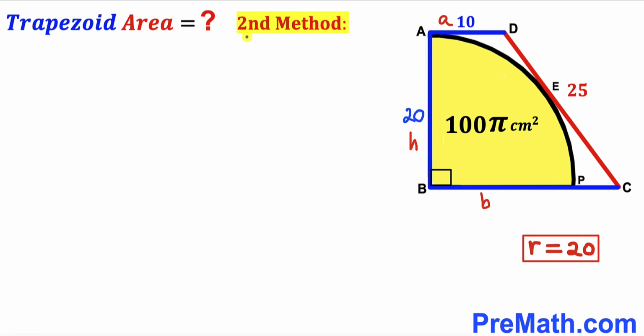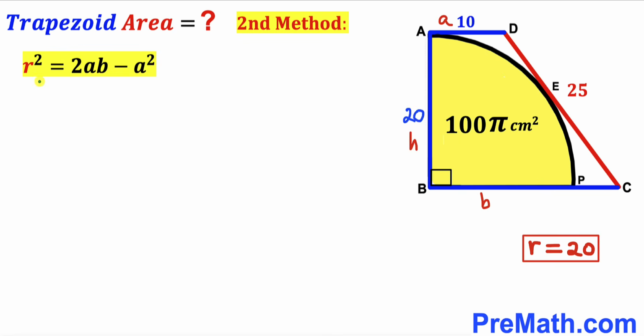And now I'm going to share with you the second method as well. Let's recap. In the previous step we already figured out the radius of this quarter circle as 20, and this radius is actually the height of this trapezoid h, and we know our base lowercase a is 10 centimeters. And now in this method I'm going to show you how to calculate the base b as well.